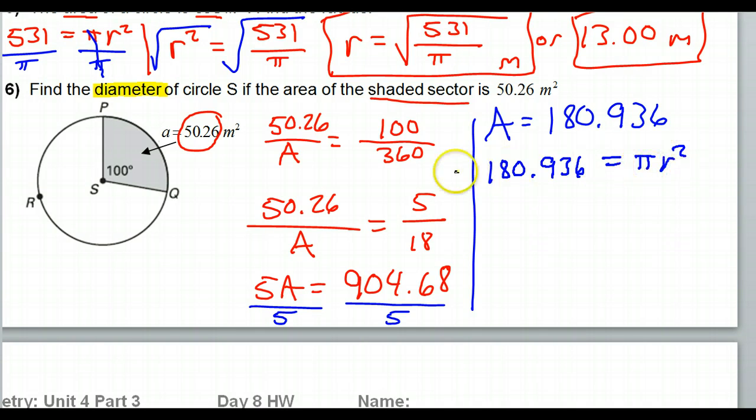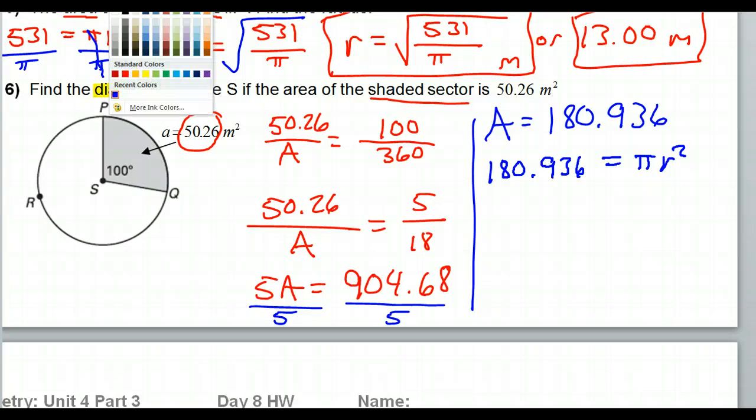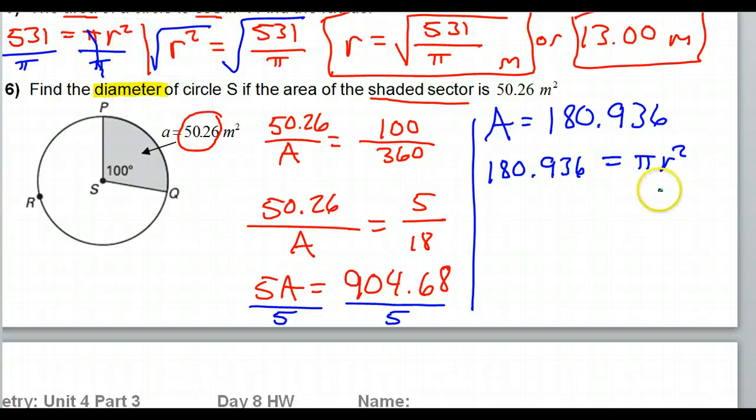This will help me find the radius, but then I'll have to double it. Okay, so I will definitely have to divide by pi. So those will cancel out. Alright, then I'm going to have to take the square root.